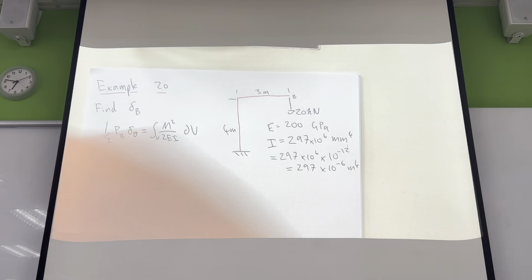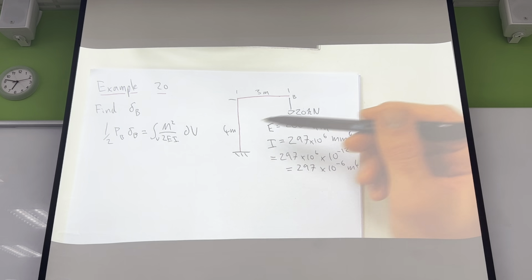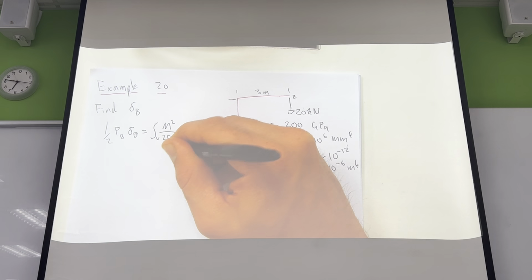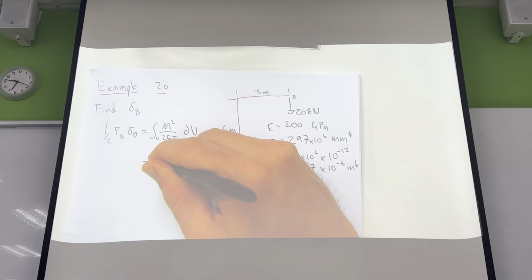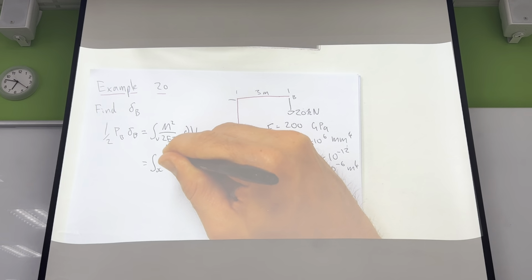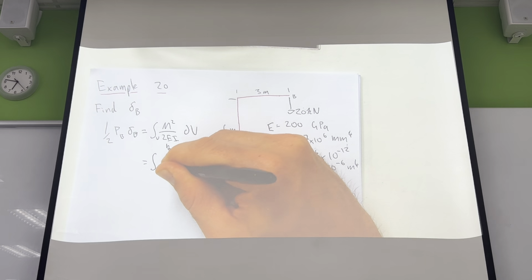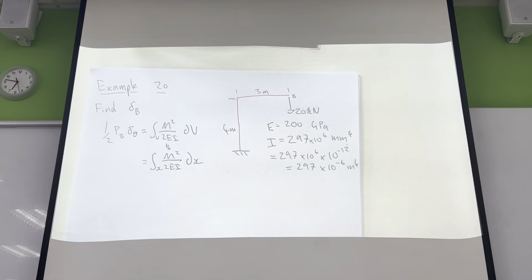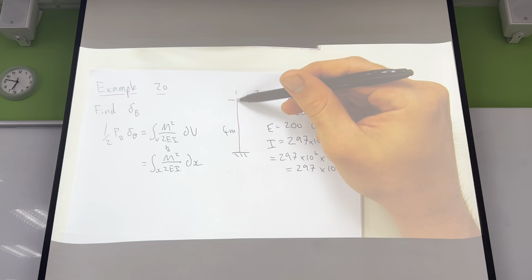For us, we can simplify that because we're going to know what the moment is in the direction x, so we can simplify this down to just integrating it along the length x. So we're just going to do it along these lengths.